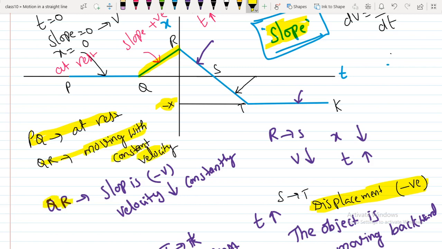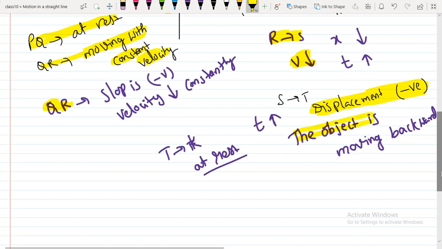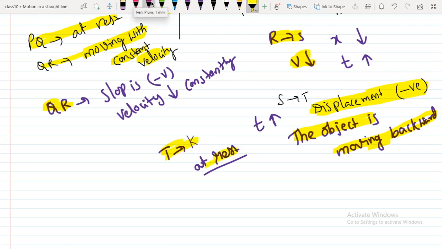Then from R to S the velocity decreases. Maybe the object is hitting something, so its velocity decreases suddenly. From S to T, the object is moving backward. And from T to K, the object is again at rest.